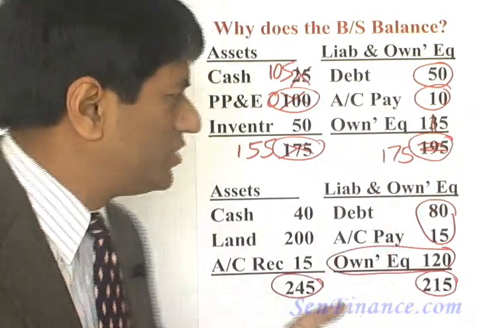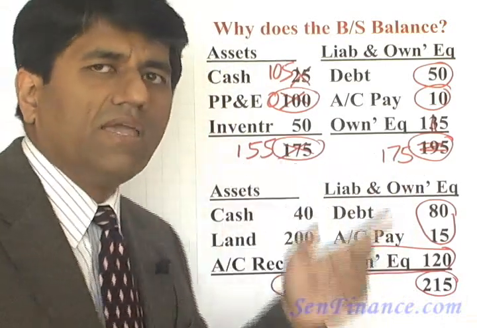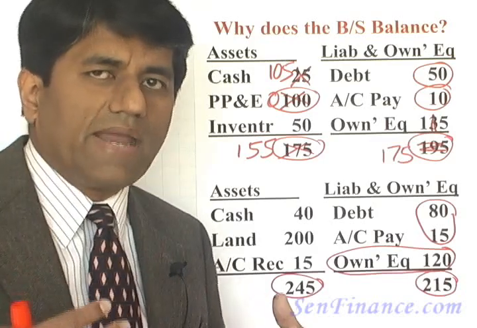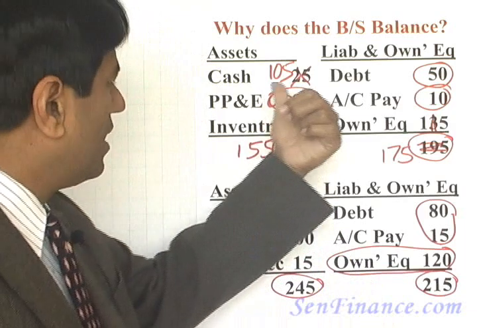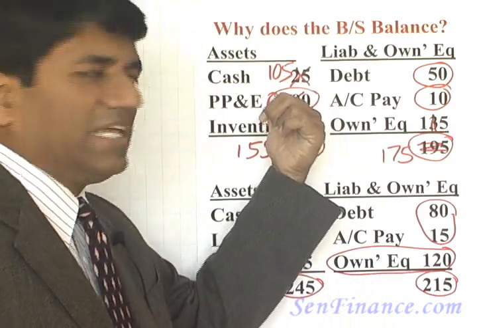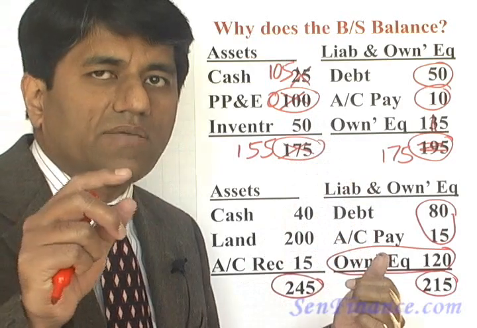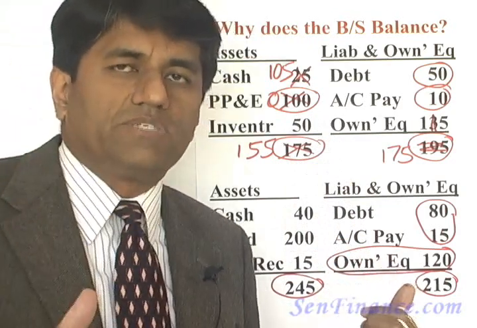And when you prepare the balance sheet, you look at it and you say, how is this 175 and this 155? There must have been some mistake made in making the entries. And you go back and you realize that when this was sold for 80 and the book value was 100, that's 20 less. This 20 must appear as a loss in the income statement.